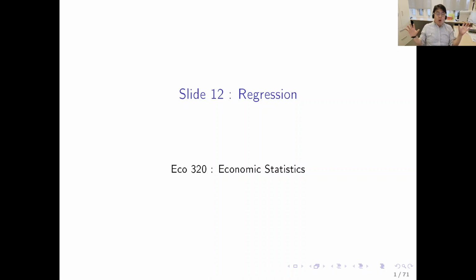All these fields need data work, and at least 90% of that data work uses the regression model. So the regression model is the workhorse, and everything we have learned up to here is to learn the regression model. So let me start.